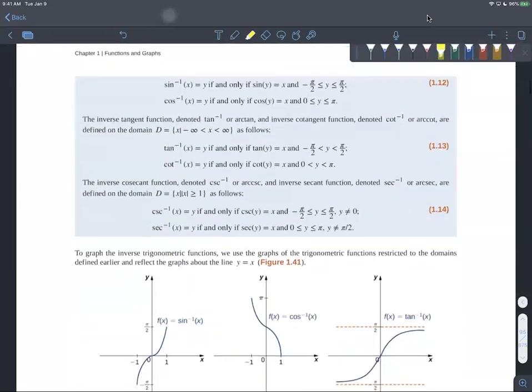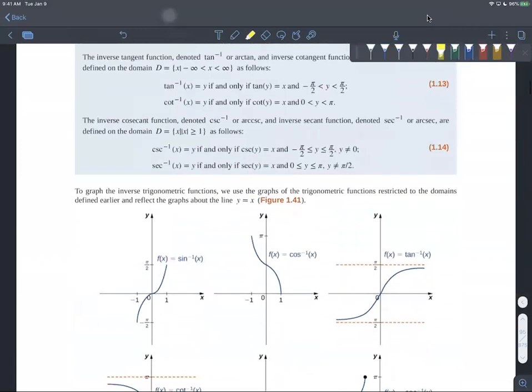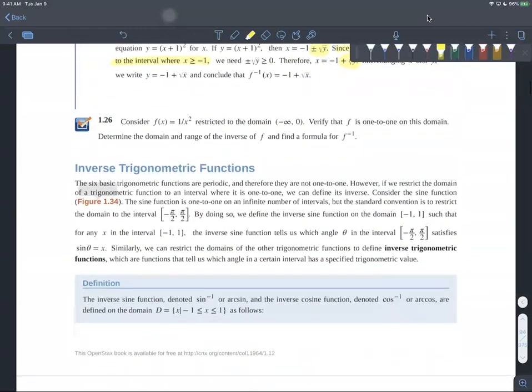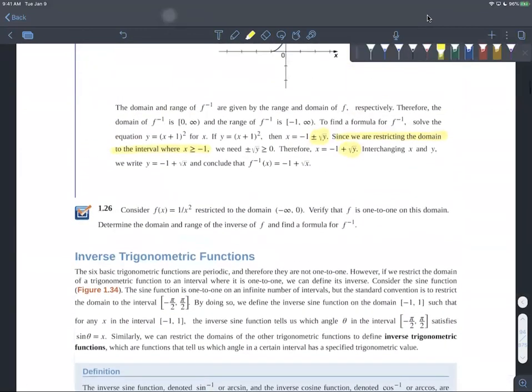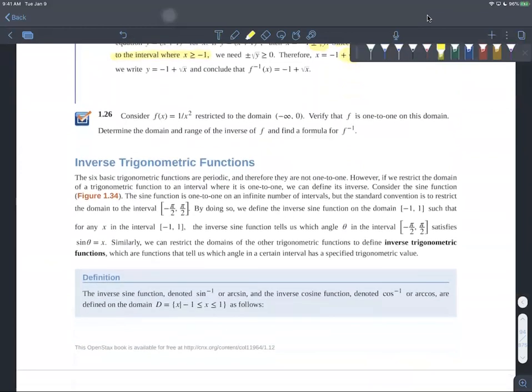I'm not sure where that is. The sine function is one-to-one on an infinite number of intervals, and let's just quickly sketch it here. We can restrict it in many different ways to be one-to-one. So here's one period of the sine function.